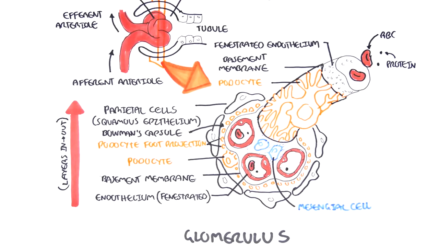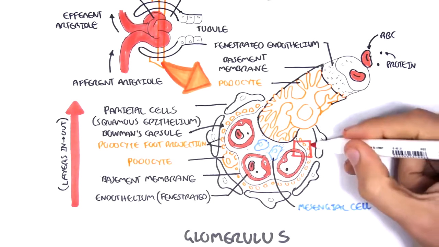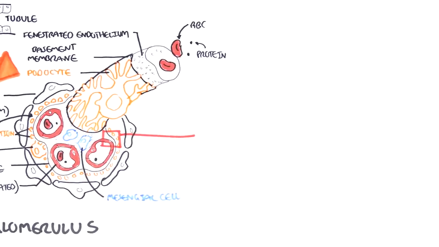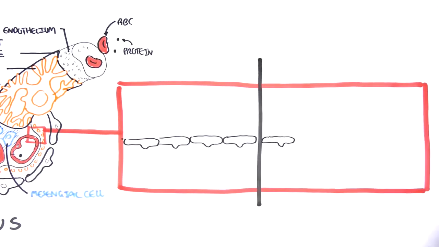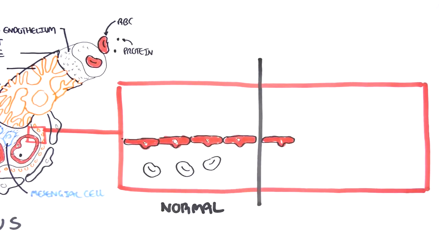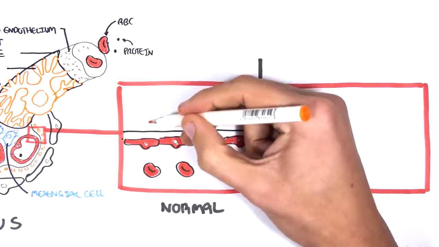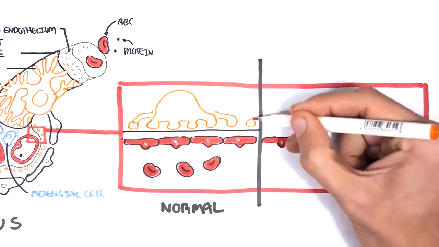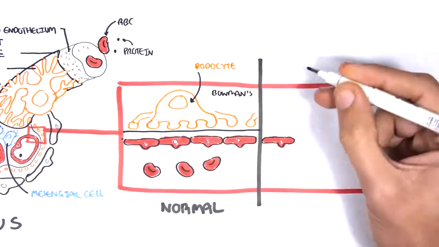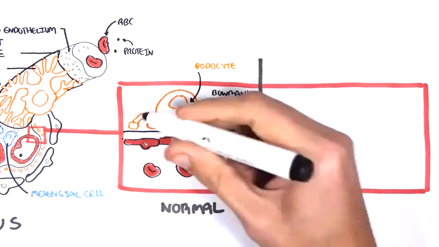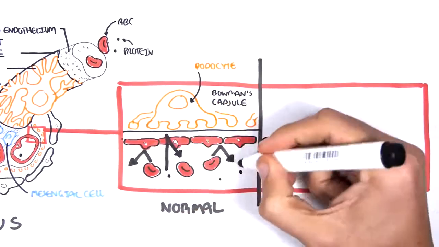Let us now look at a section of the glomerulus and see the layers again in a different view. So normally you have the fenestrated endothelium here. Above it, again, is the glomerular basement membrane. Then you have the podocytes and the surrounding Bowman's capsule. Red blood cells and other proteins around this area cannot get filtered.